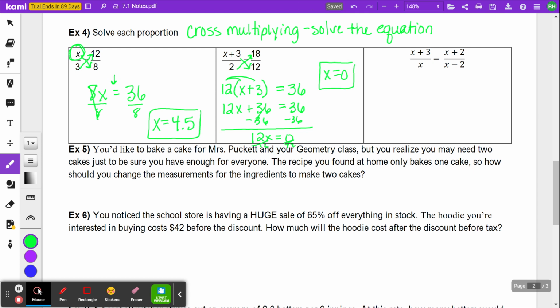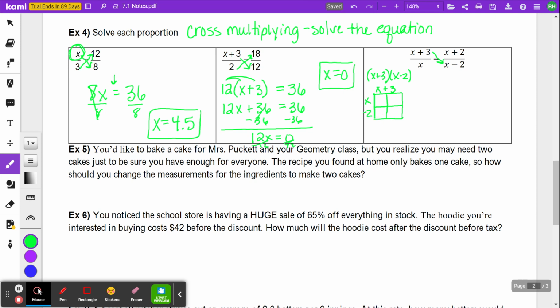Okay? Now this next one goes way back. So when I multiply here diagonally, I get x plus 3 times x minus 2. Now, if you guys remember, about a year ago or more in Algebra 1, when you had a 2 by 2, you did this little thing called the box method. And you had to plug these numbers in. So x plus 3 and x minus 2 go on the sides and the top, doesn't matter which order.